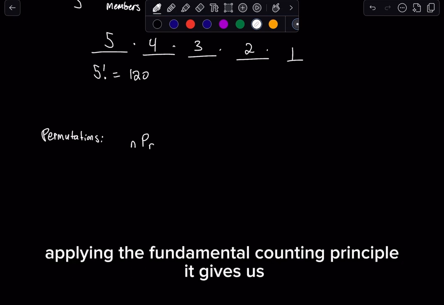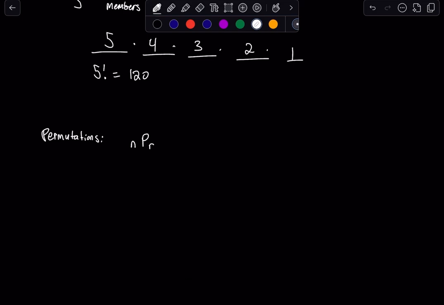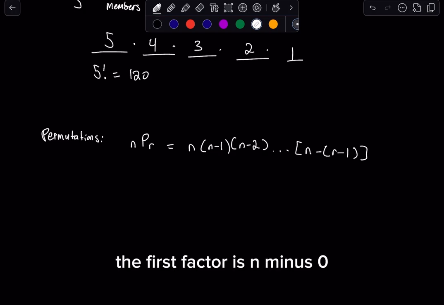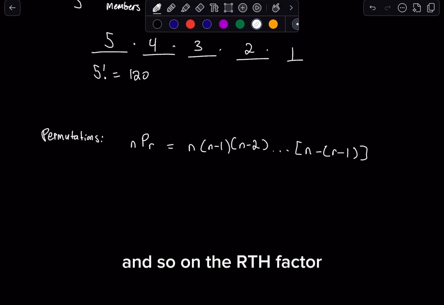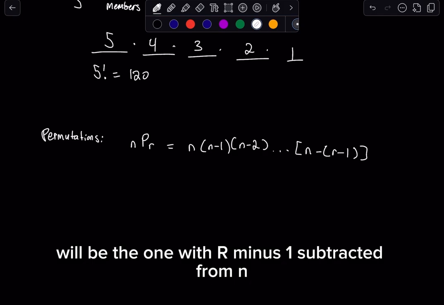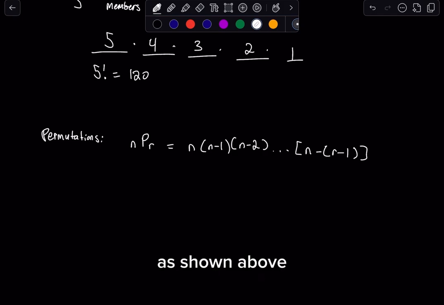Applying the fundamental counting principle, it gives us n, n minus 1, n minus 2, up to n minus r plus 1. The first factor is n minus 0, the second is n minus 1, the third is n minus 2, and so on. The rth factor, the last one in the product, will be the one with r minus 1 subtracted from n, as shown above.